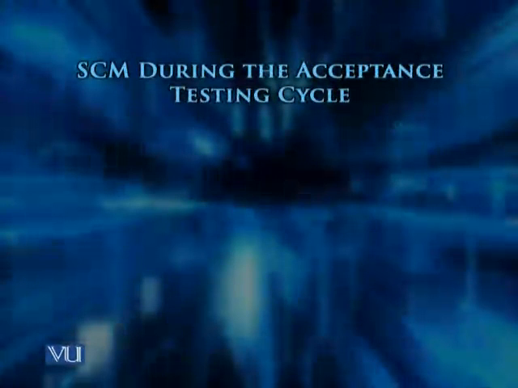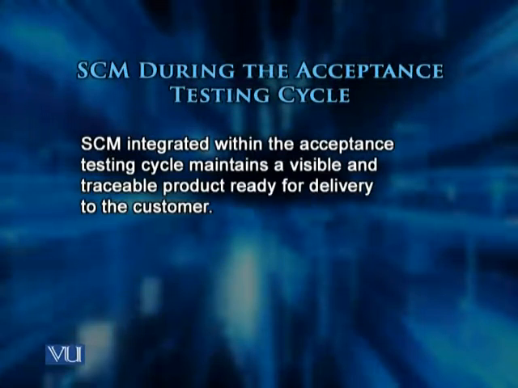Let us now move on to the next consideration, and that is SCM during the acceptance testing cycle. Often SCM activities are ignored in the testing and acceptance testing cycle, but they must not be.